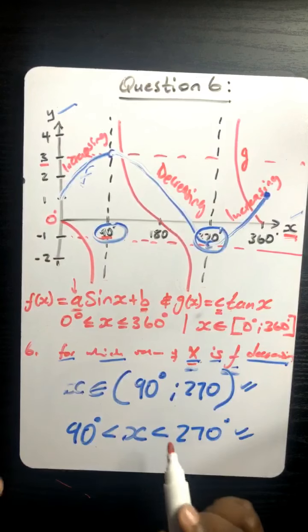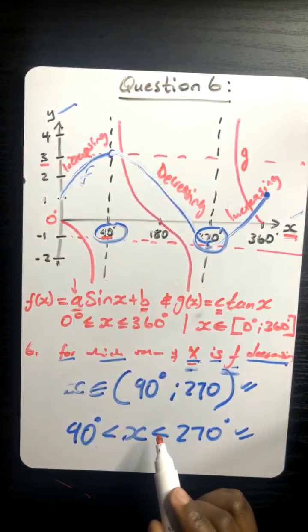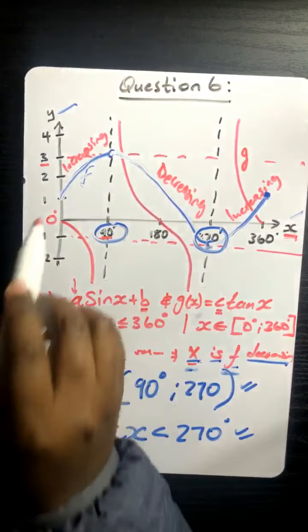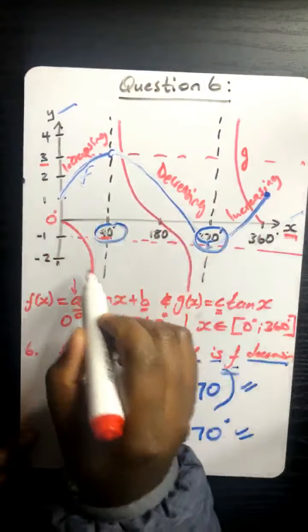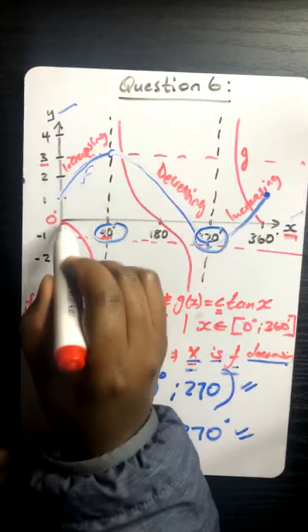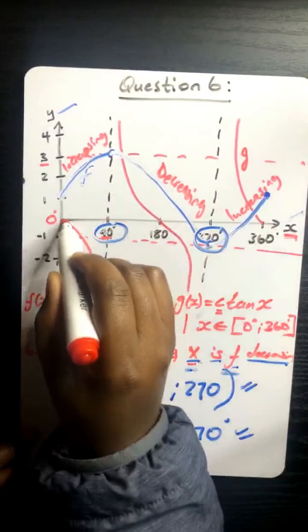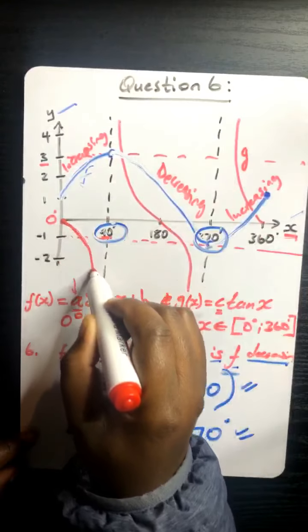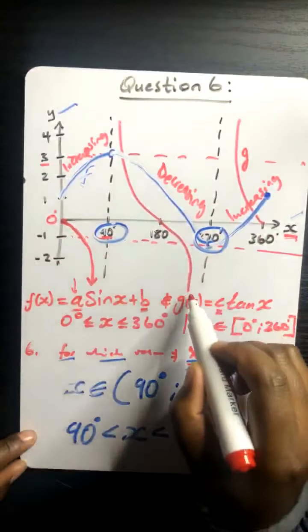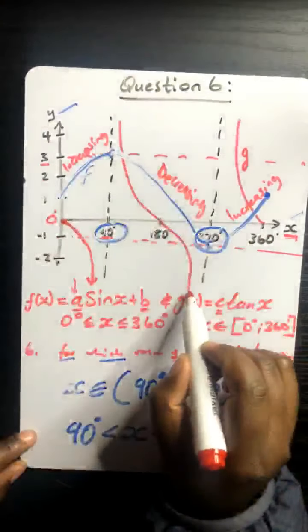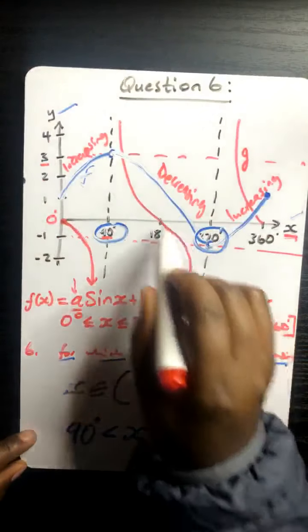I've always been saying that when you sketch a function, you always start from left to right. For example, for this one, from there to there is decreasing. It continues to decrease. If you have to explain this one, you don't start from this side going that side.